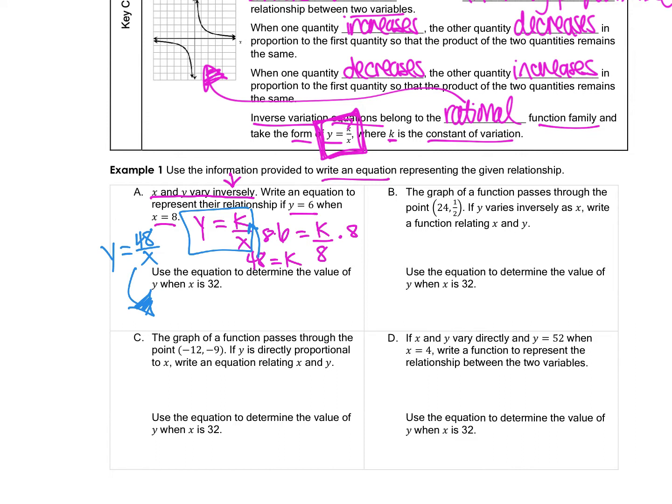So we're using the equation to determine the value of y when x is 32. So again, I'm using this. So I don't know y. I know my constant's 48, and I'm dividing it by my x that I'm given. So 48 divided by 32, you could either simplify it to 3 over 2, or you can write it as 1.5. So I'll accept either answer.